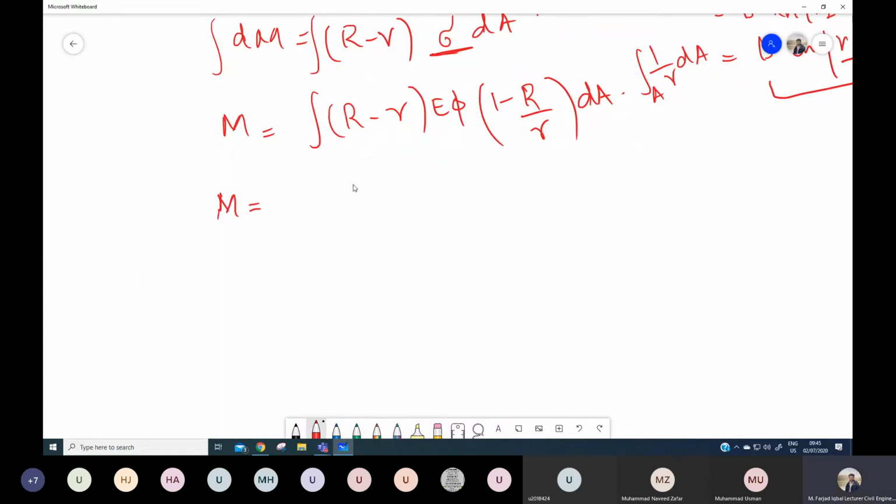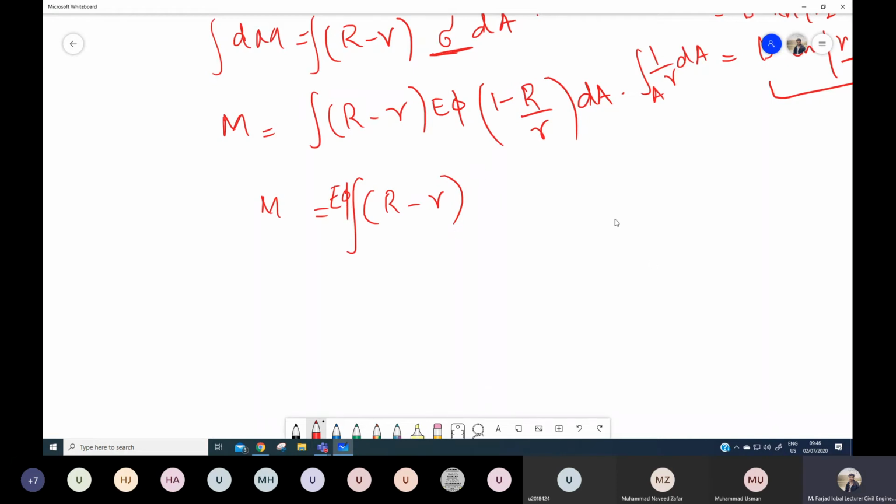I will get the moment as this capital R minus r. This E phi factor will come out over here.